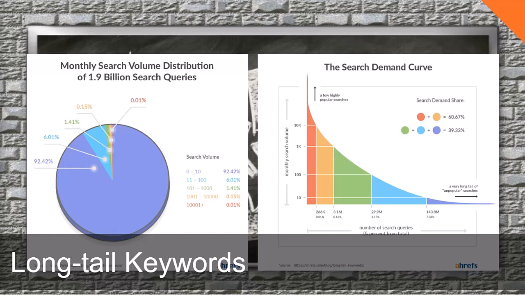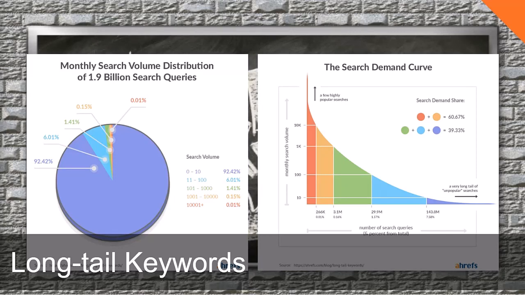So what these graphs are showing you is that highly popular keyword searches actually make up a really small percentage of the overall search volume. They only make up 0.01% of the 2 billion monthly searches. So that's maybe 19 million, but it's still a small number compared with the total 2 billion searches that are done every month.